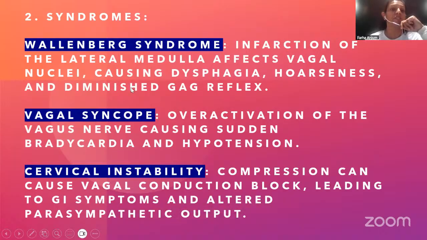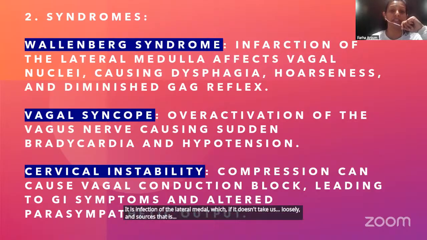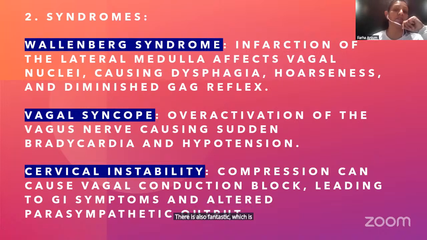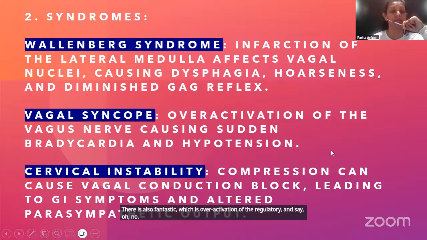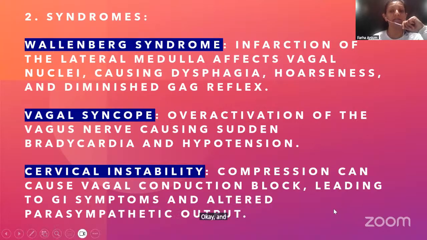It is infarction of the lateral medulla, which affects the vagus nuclei and causes the loss of gag reflex. There is also vasovagal syndrome, which is overactivation of the vagal nerve causing sudden fainting, and cervical instability, which can cause vagal compression.